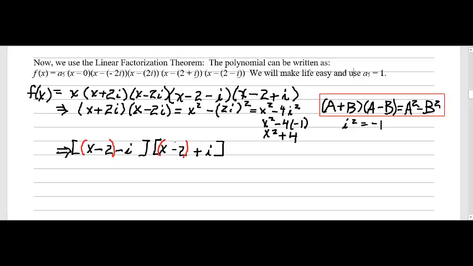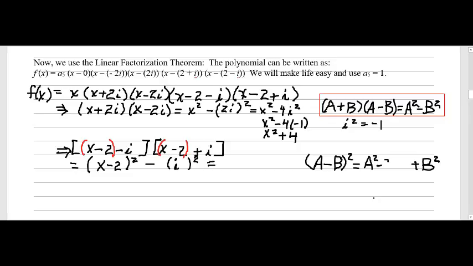So notice here, this is an a minus b times an a plus b, where my a is x minus 2 and my b is simply i. Now notice I need to square x minus 2.